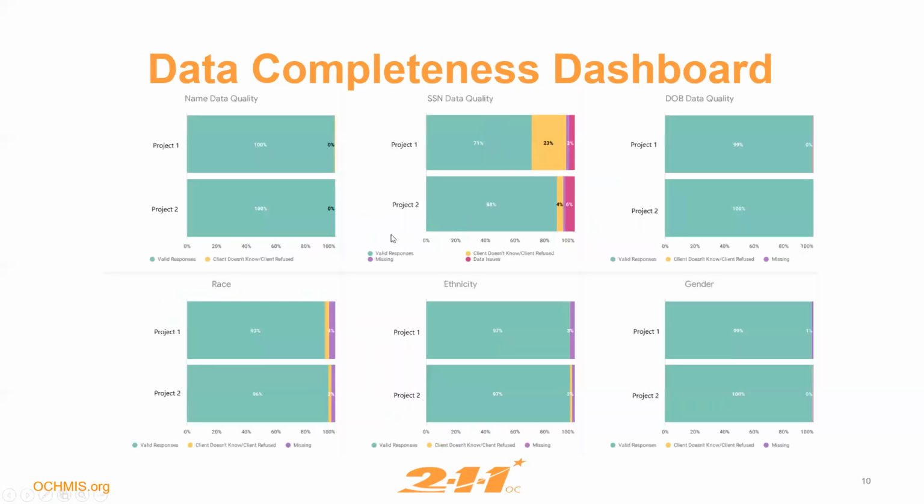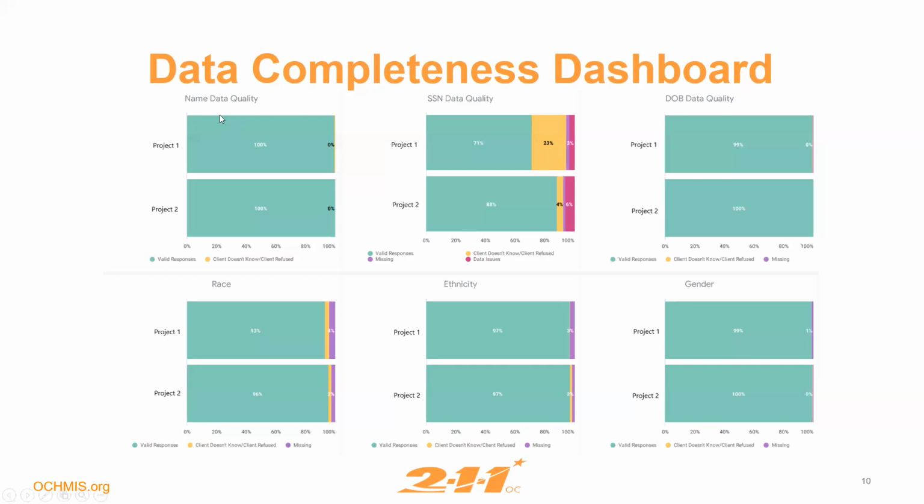And so the data completeness dashboard closely reflects what's going on in the data quality report cards that we are publishing on a quarterly basis. And so this is a sample of what it looks like.